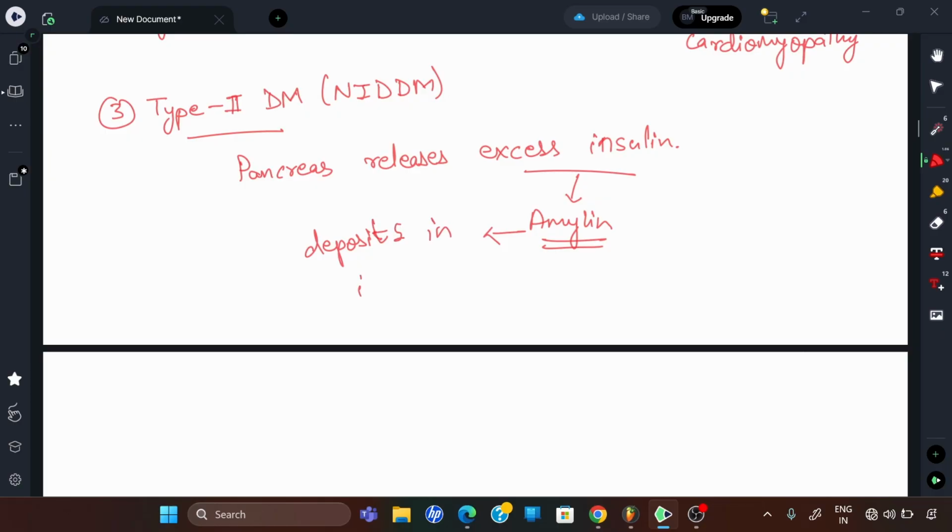So this is how you can see localized amyloidosis, wherein the amyloidosis will be happening in pancreas in case of type 2 diabetes mellitus, right?